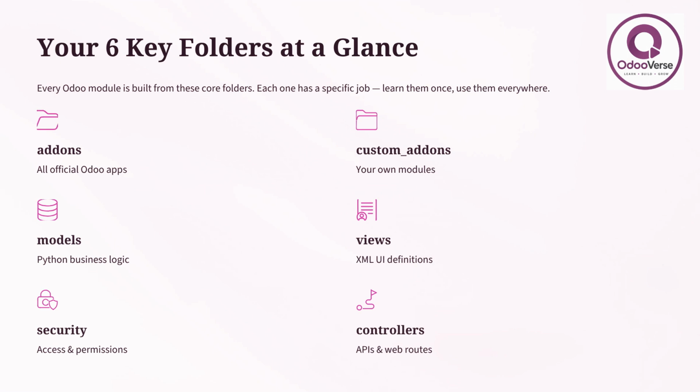After that comes views. Views control the user interface using XML. Then security. This folder manages access rights and permissions. And finally, controllers. Controllers are used for APIs and web routes. These folders form the foundation of almost every Odoo module.